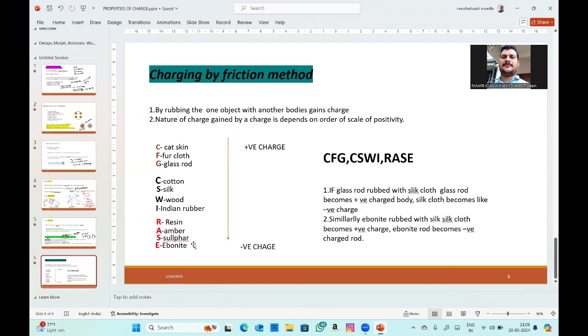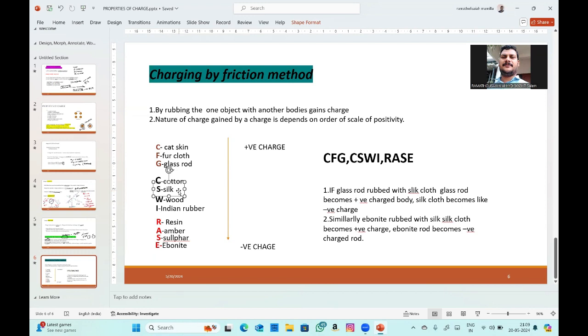Here we take a glass rod and silk cloth as an example and rub them. When you rub the glass rod and silk cloth by the friction method, the glass rod becomes positive and the silk cloth becomes negative. Similarly, silk cloth and ebonite rod: the ebonite rod becomes negative and the silk cloth will become positive.